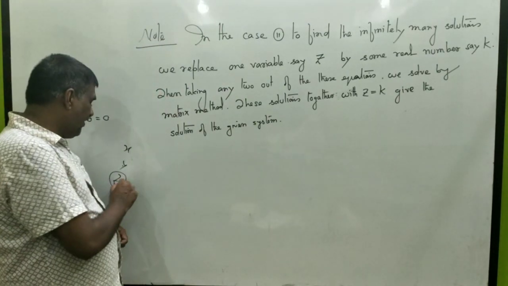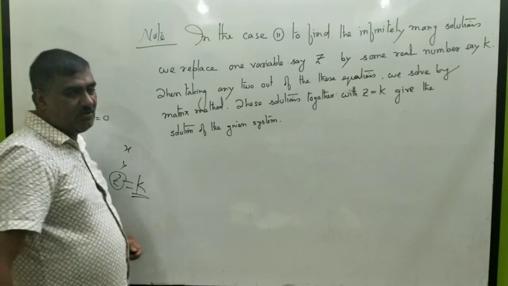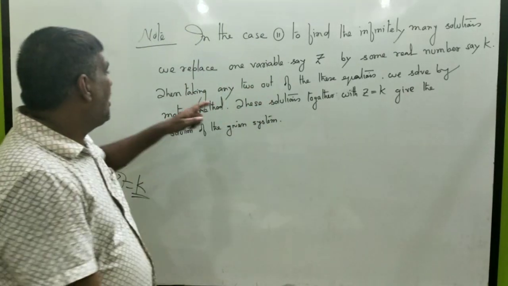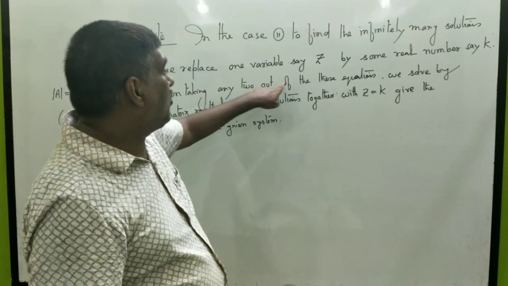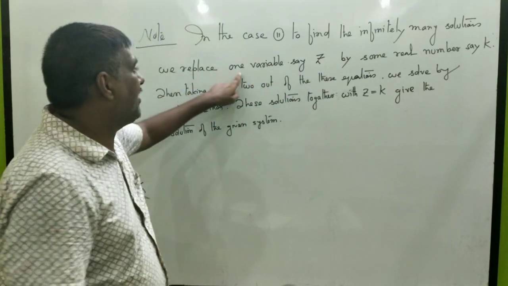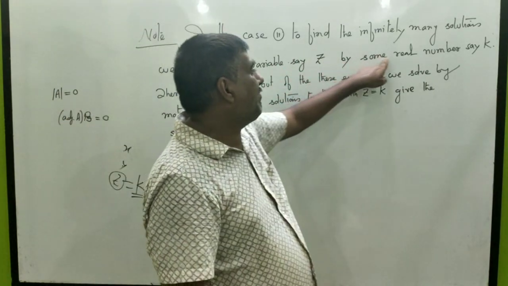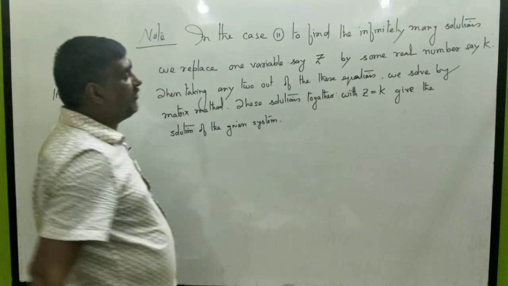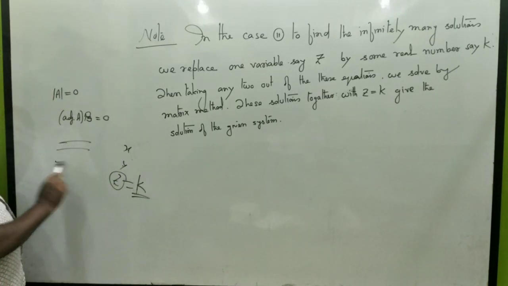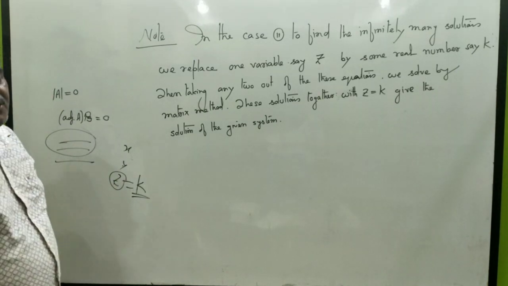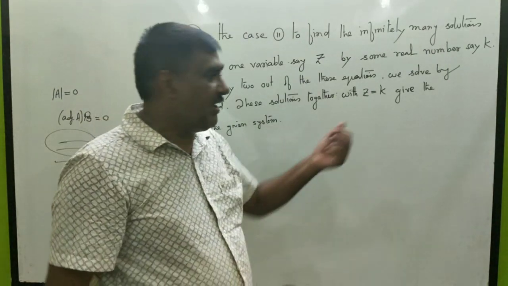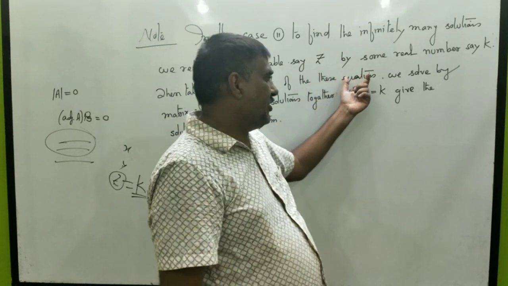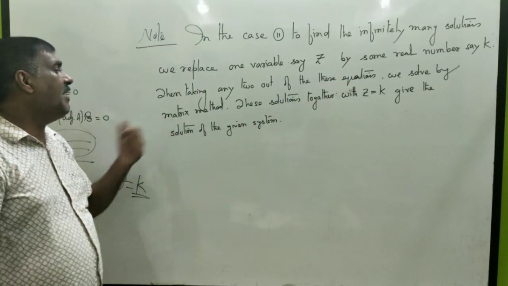क्या करना है, एक variable किसी को भी तुम arbitrary real number के पकड़ लो। আমরা কী করব, যে কোনো একটা ভেরিয়েবলে arbitrary real number k ধরলাম, then taking any two out of these equations. तीन equation था, कोई भी दो equation, যে কোনো দুইটা ইকুয়েশন নেবে, কারণ একটা তো আগেই নাম ধরে দিয়ে দিয়েছি আমি। So by taking any two of these equations, we solve by matrix method.